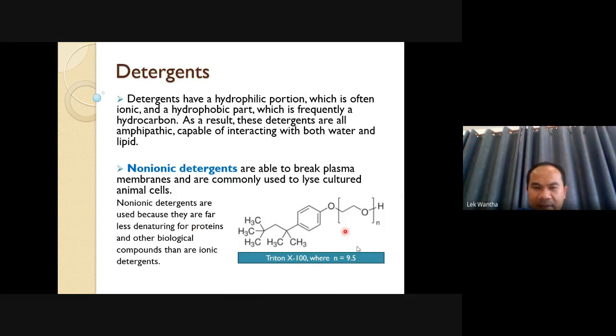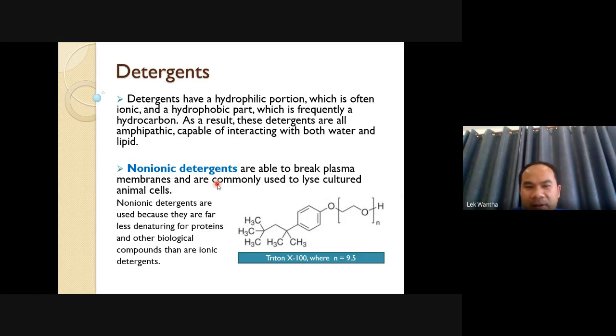Here I show you an example of a detergent, a non-ionic detergent. Non-ionic detergents can be used to break the plasma membrane and are commonly used to break cultured animal cells. It's more preferred for animal cells or the plasma membrane. We use non-ionic detergent because it does not denature proteins and other biological compounds.